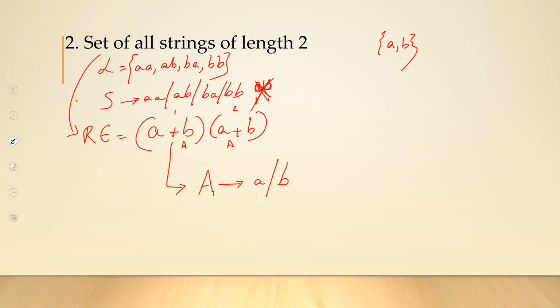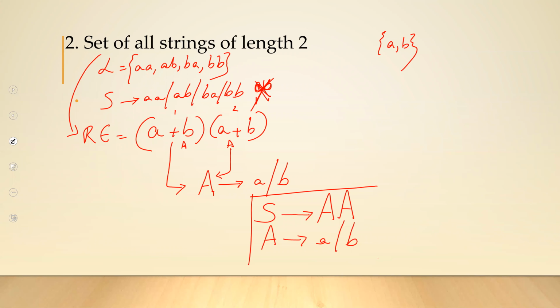My first one is A, and my second one is also A. So I can say my grammar is this: my start symbol S goes to AA, and my A can be either a or b. This is a much more formal way of representing rather than the earlier representation. So this is how you represent the set of all strings of length 2.